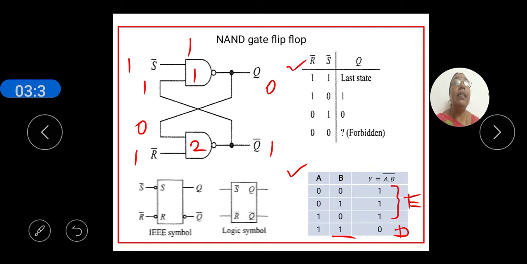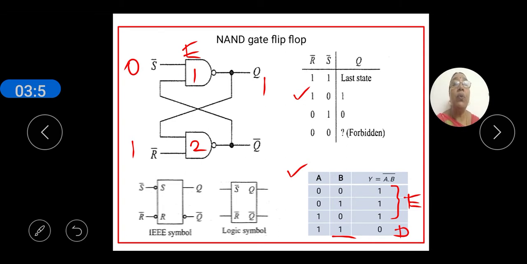The second state is R bar is 1 and S bar is 0. So in the circuit R bar is 1 and S bar is 0. Now one of the inputs of the first NAND gate is 0. So you can immediately say that the first NAND gate is enabled and so Q is equal to 1.